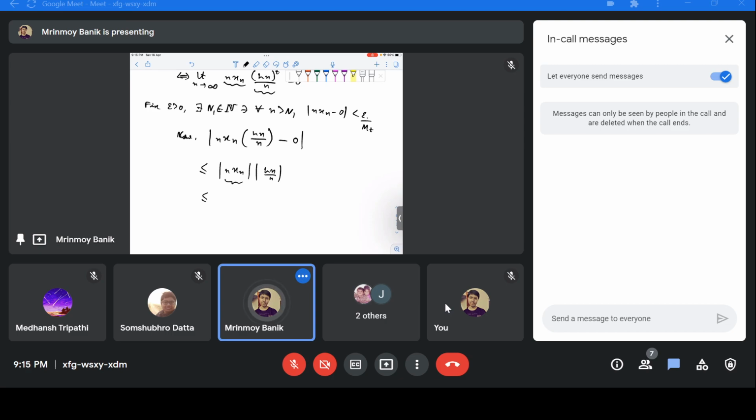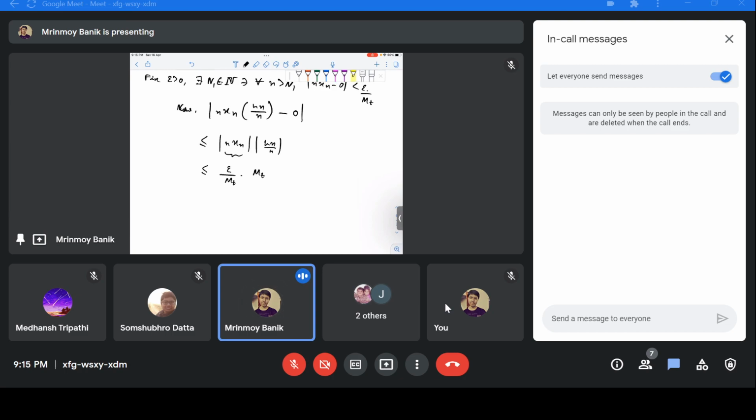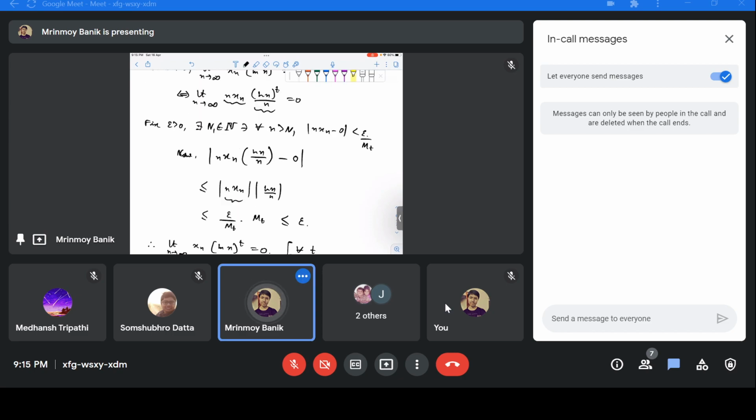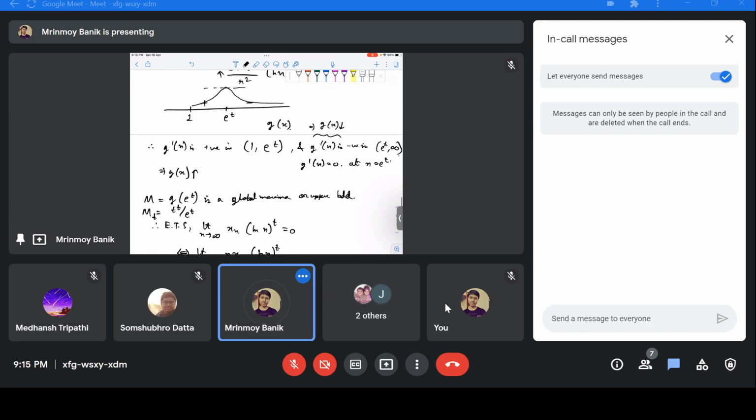This thing is less than epsilon by m_t, and this thing is bounded above by m_t since we just proved that. So the whole thing is bounded by epsilon. Therefore, the limit as n tends to infinity of xn (ln n)^t goes to 0. And this is true for all t. No restrictions on t, right?